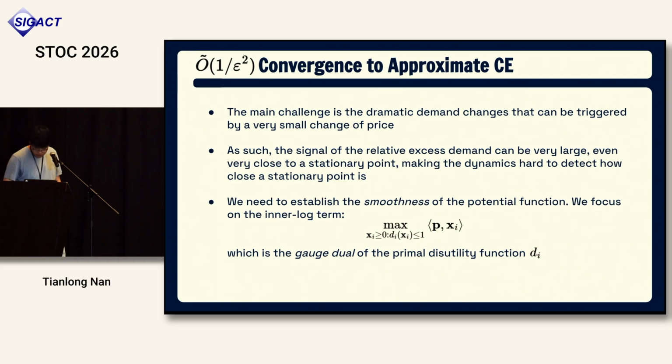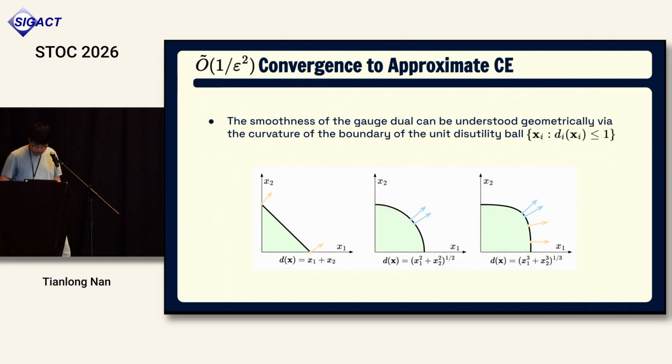To handle that, which is directly connected to the smoothness of the potential function, essentially it will depend on the inner log part, which is the gauge dual of the disutility functions. I'll just deliver some nice geometric interpretation for this.